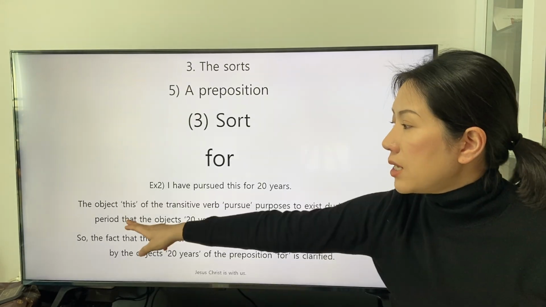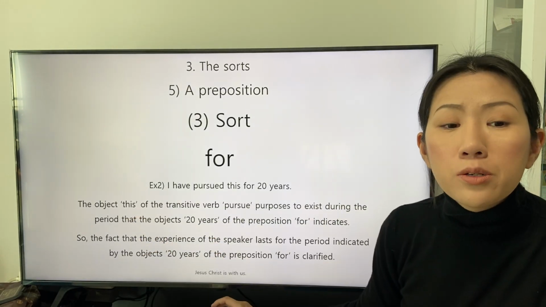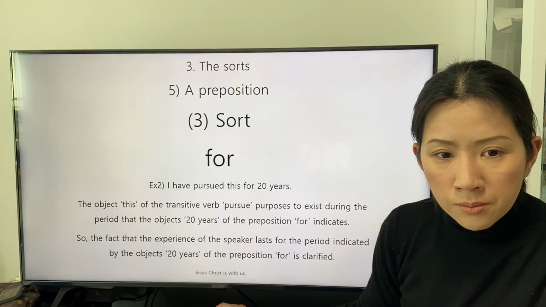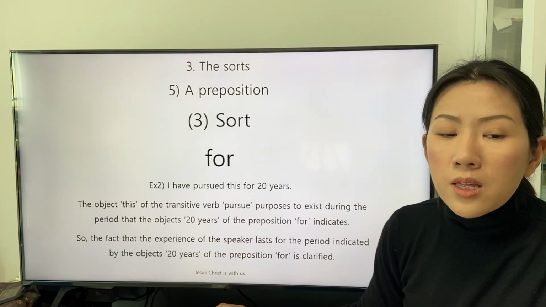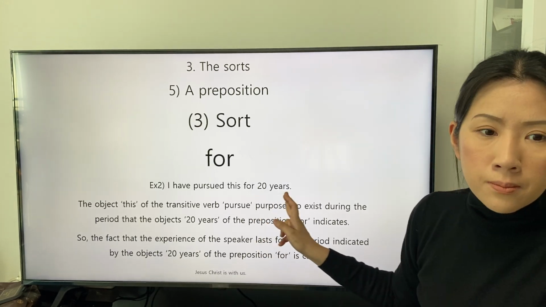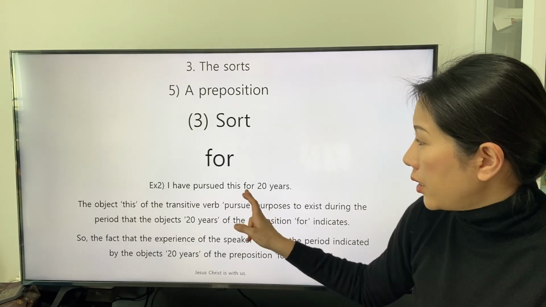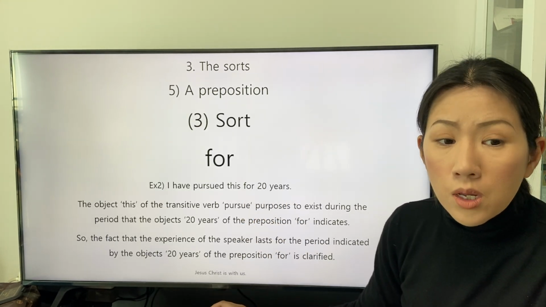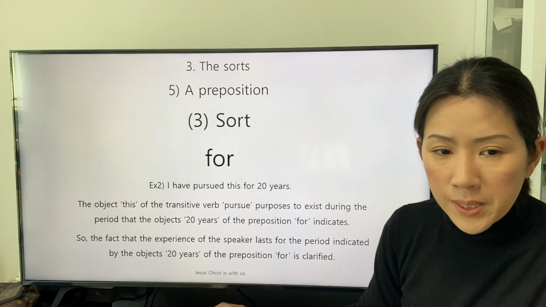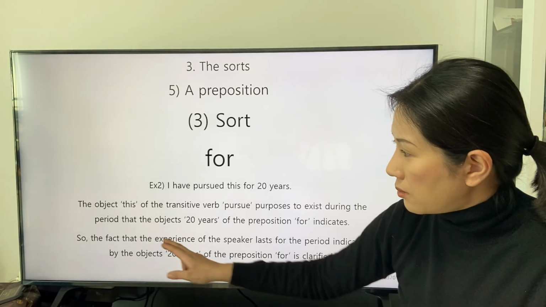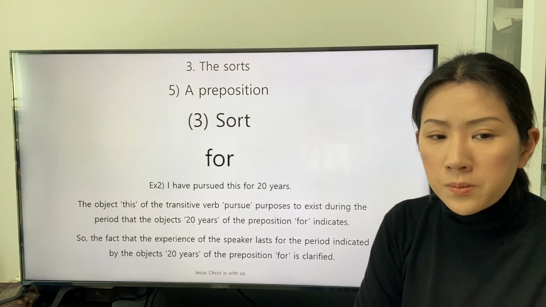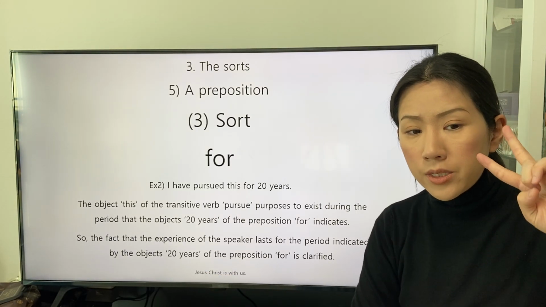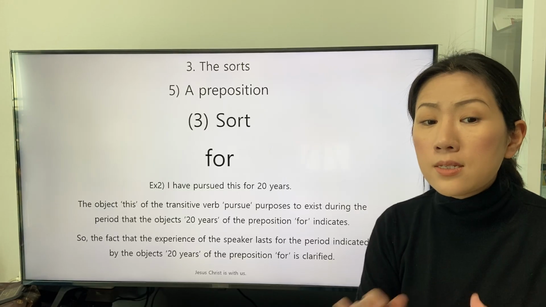The object this of the transitive verb pursue proposes to exist during the period that the object 20 years of the preposition for indicates. So the fact that the experience of the speaker lasts for the period indicated by the object 20 years of the preposition for is clarified.